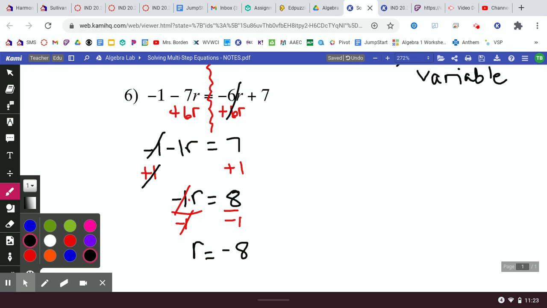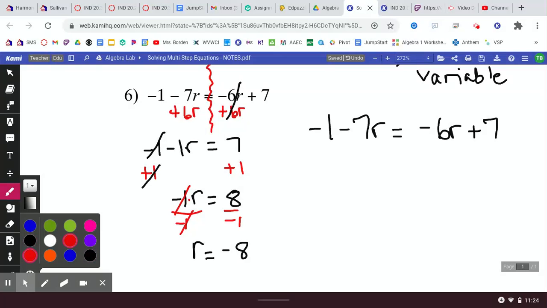I want to show you the other way you could do it, where you don't have to do that dividing step. Okay? I have -6r, and if I add 6 to the other side, it's going to give me -1. If I have -7r and I add 7 to the other side, where's that going to give me more? It's going to give me a positive r, right?